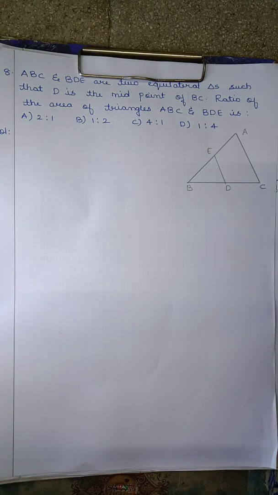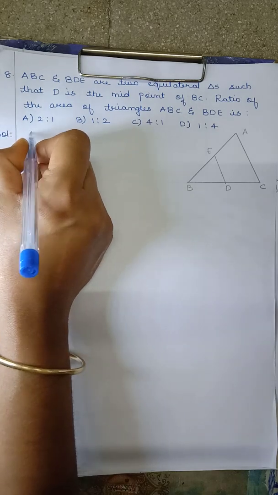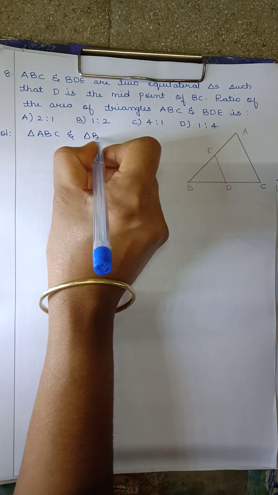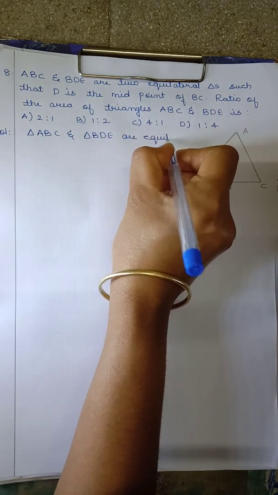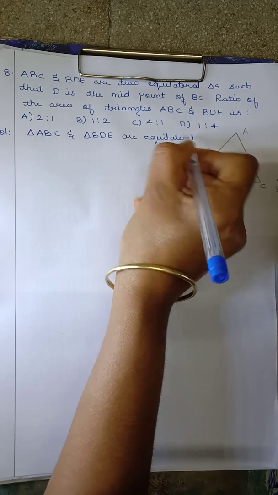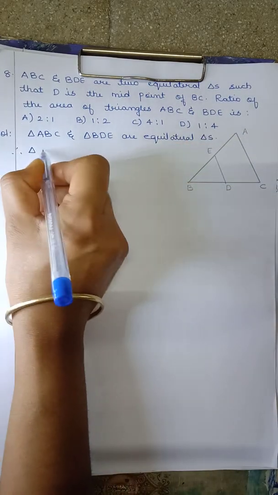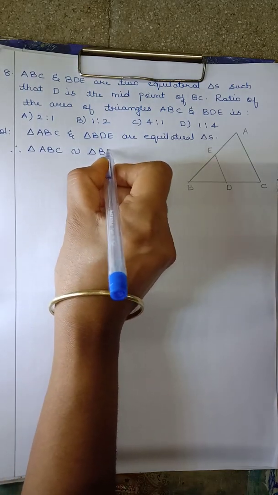Again we know that triangle ABC and triangle BDE are equilateral triangles. I have told you equilateral triangles are always similar. Therefore triangle ABC is similar to triangle BDE.